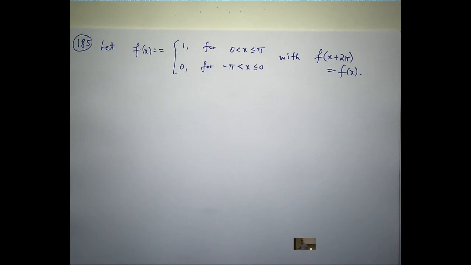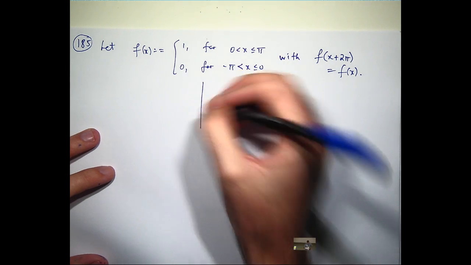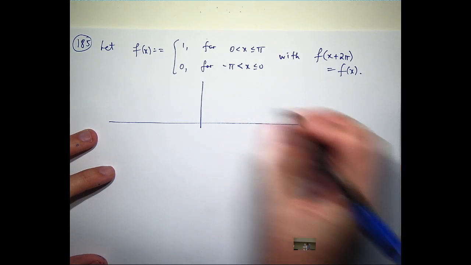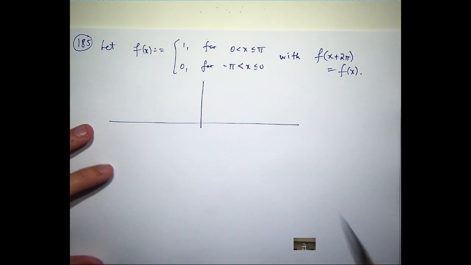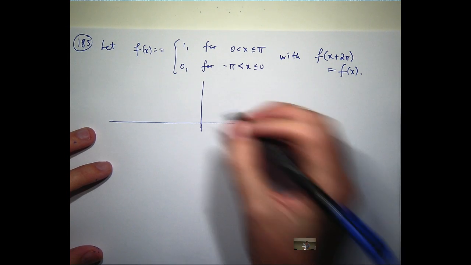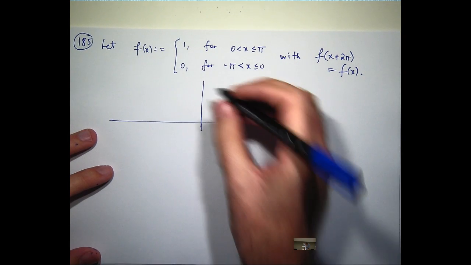Let's draw the function, okay? So the way I'm going to do it, I'm going to draw the function on the interval minus pi to pi first, and then I'll take that and copy and paste it.